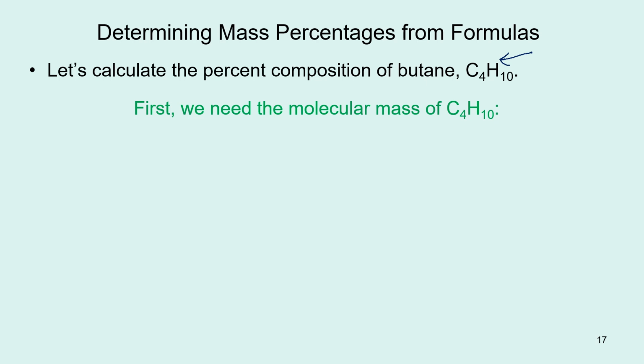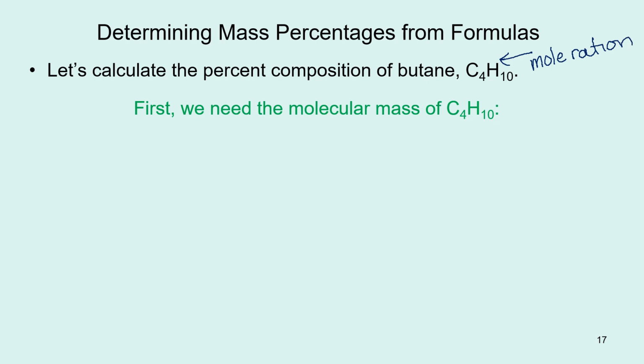If I think about this, let's go with the bunny rabbits. If I have a dozen of these, I have 4 dozen carbon and 10 dozen hydrogen, right? And I could also say if I have a mole of butane, I have 4 moles of carbon and 10 moles of hydrogen. So when I see a formula like this, I can think of it as a mole to mole ratio.